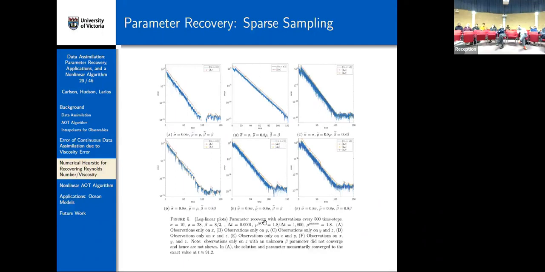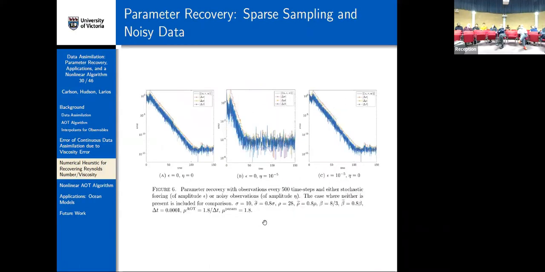Similarly for delta rho, delta beta, delta rho and delta sigma, delta beta and delta sigma, delta rho and delta beta, and then of course all three, which is a trivial case regardless. The reason for the block there is that there's momentary convergence to an exact value at that time, and then some noise at some point.